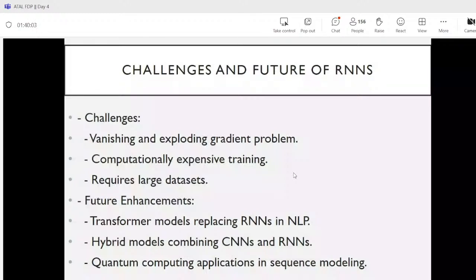And quantum computing applications in sequence modeling. I am not very good at quantum computing, but the applications of quantum computing are very exorbitant, which we cannot even think about. So coming to the conclusion, these are powerful for sequential data, but have limitations, as I said, challenges. LSTM and GRUs improve efficiency.